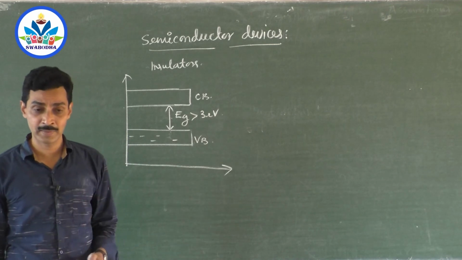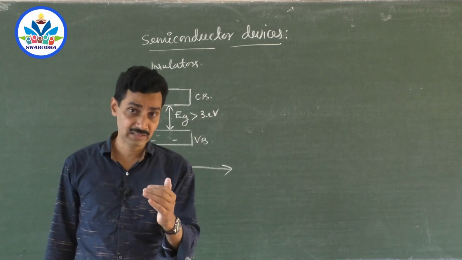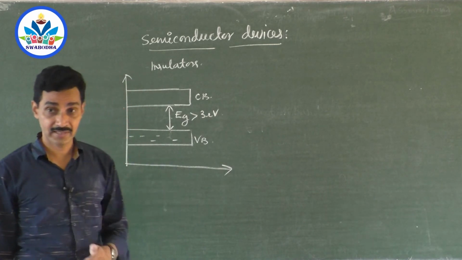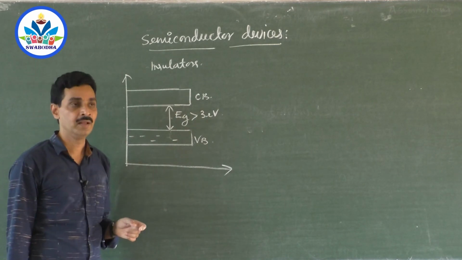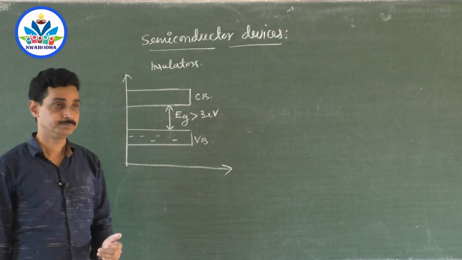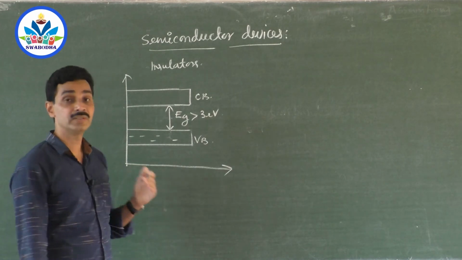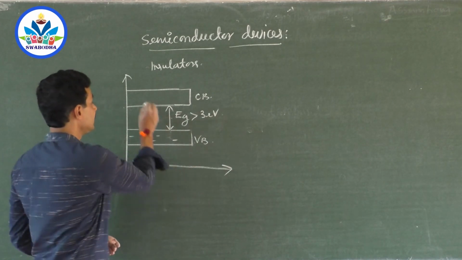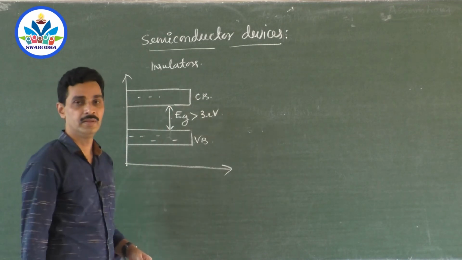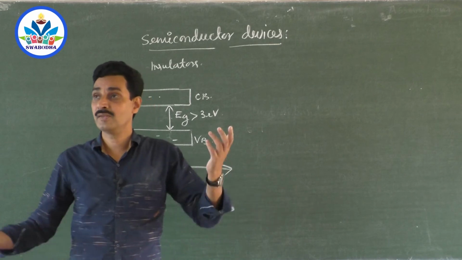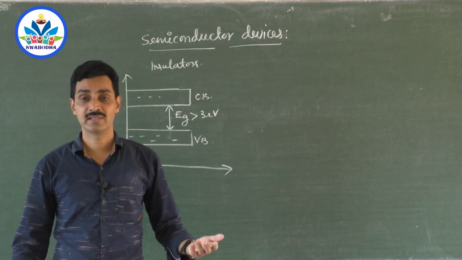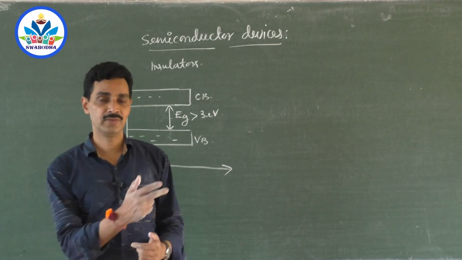And another thing you have to remember is, if you are successful in any material in putting an electron from the valence band to the conduction band, then those electrons become free. Once they are here, they become free, and they are now ready to conduct. They say, sir, we are free, give us some work, apply a potential difference and we will move.